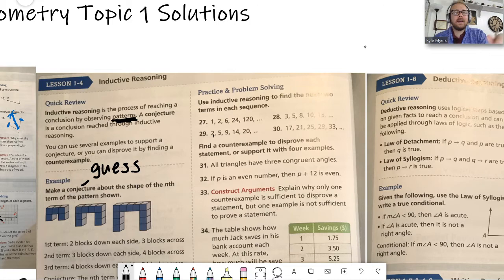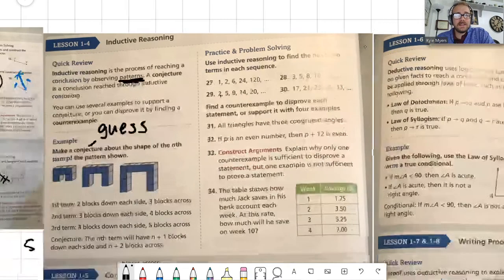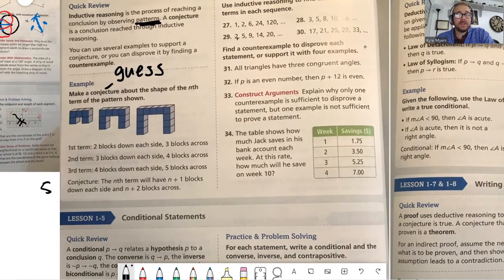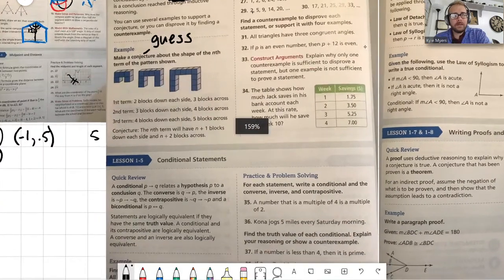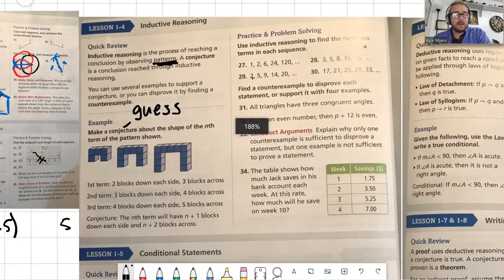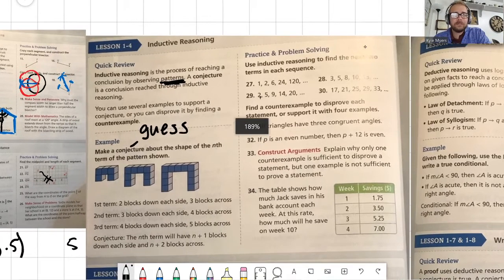Not bad at all. Okay, so then it says, find a counterexample to disprove each statement or support it with 4 examples. Okay, so counterexample, remember, counter means to go against, so you're using a go against example. So before, when I was talking about this, I used the example of cats always having 4 legs.